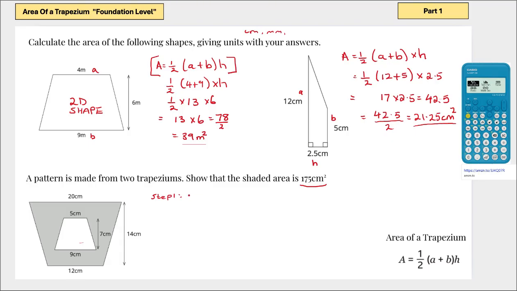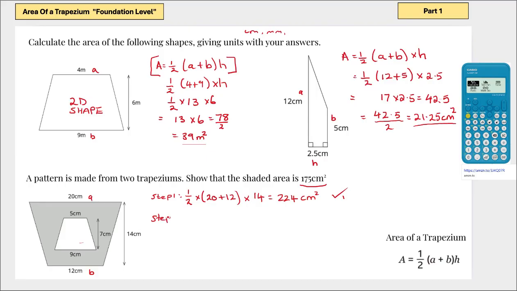So it's going to be a half times, let's call that A and B. So we've got 20 plus 12 times our height, which is quite obvious there, 14. Whack it all in the calculator and we come up with 224 centimetres squared. There we go, that's 1 mark for you. Let's do step 2.